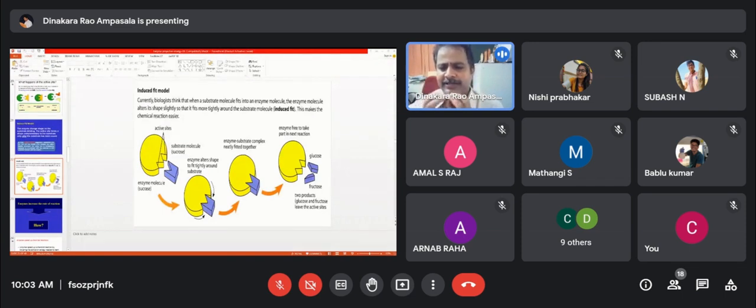You can see the fingers. These fingers are the active site residues. When the substrate comes, these active site residues come closer and interact with the substrate. This change we call the induced fit model. When the substrate binds to these active site residues, the residues change their structure to be complementary to the substrate molecule. The whole enzyme is not interacting here. Only the active site residues interact with the substrate molecule.